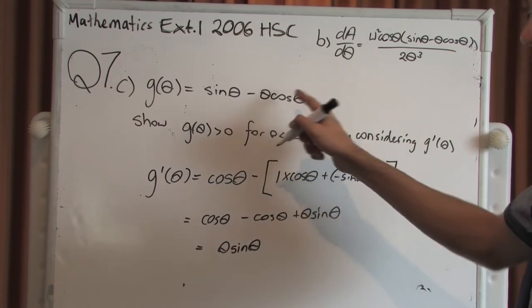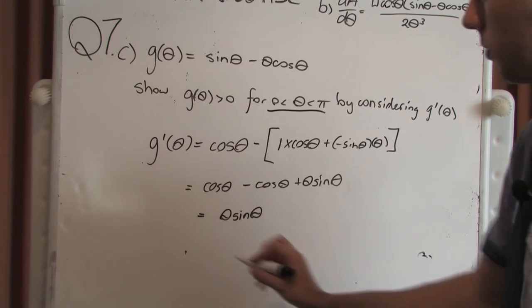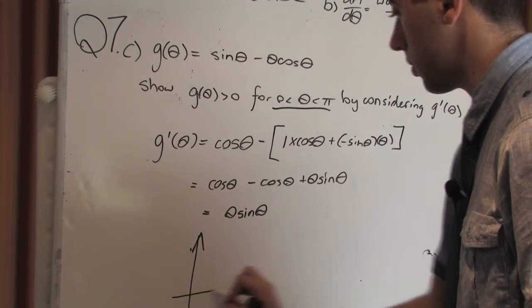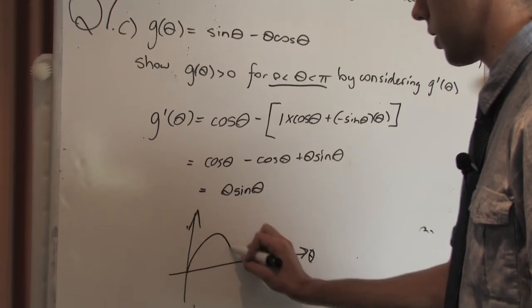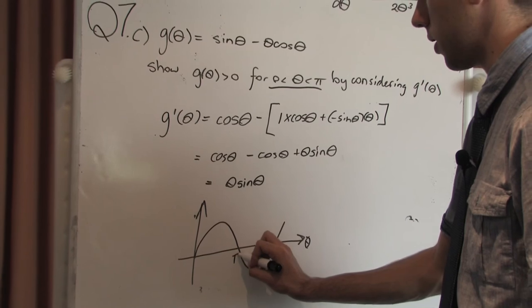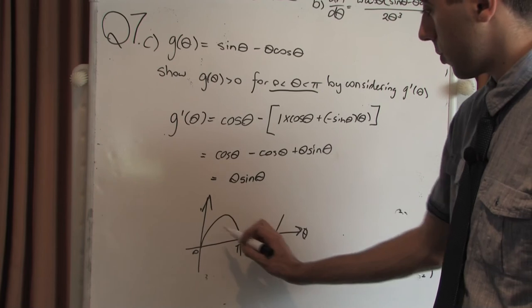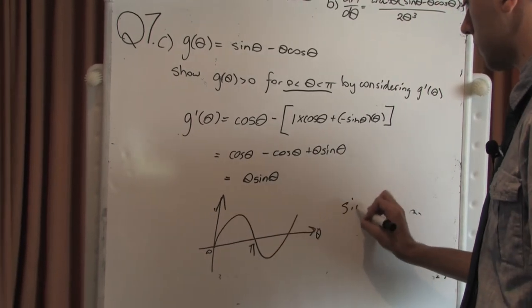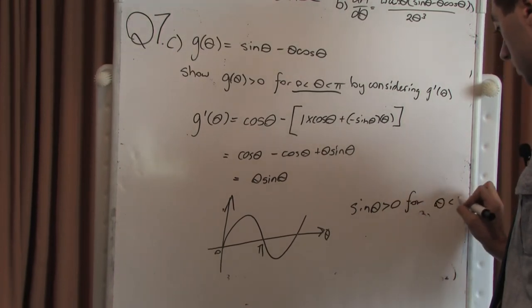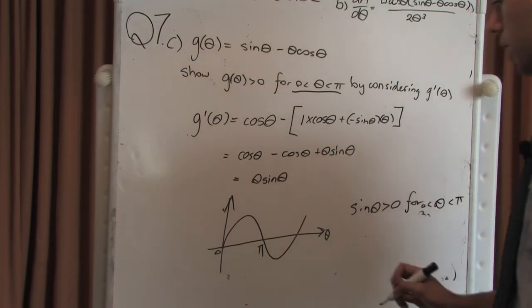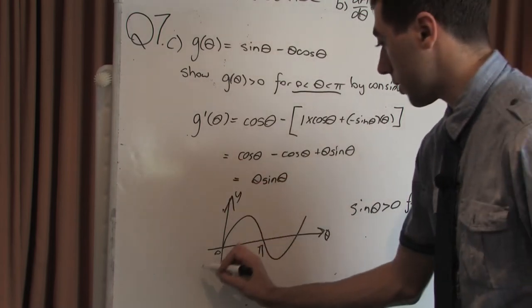Well, we need to now consider our domain of theta between pi and 0. If we consider the graph of sine theta, you can notice sine will go like this, and it intercepts at pi and 0. We realize that for this domain, sine theta is always going to be positive. And similarly, if you take y equals theta, that's going to be this.